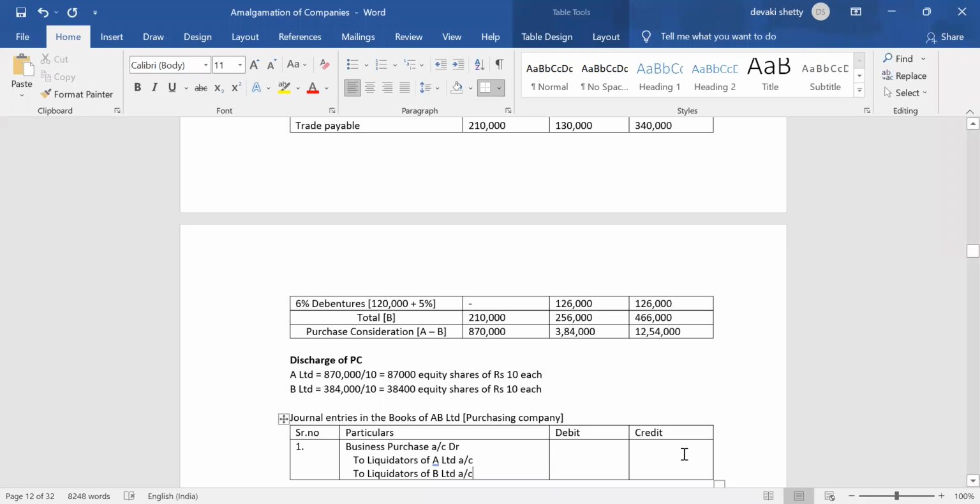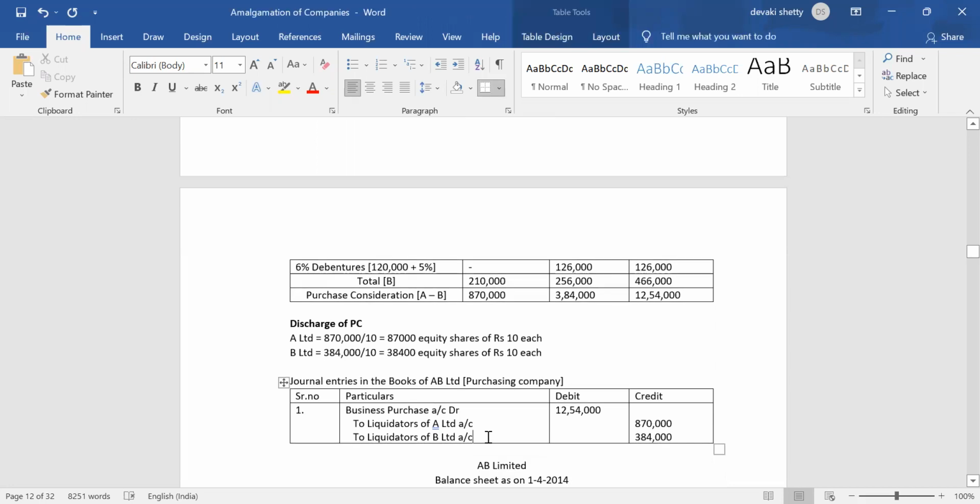And here we will write the amount of PC, that is 8,70,000 and 3,84,000. Here we will write total of both, that is, being business purchased. This is the first entry.